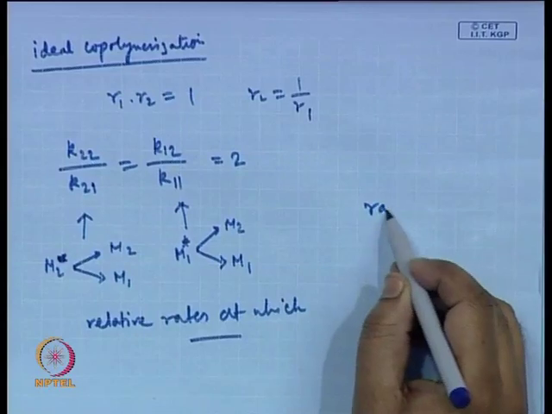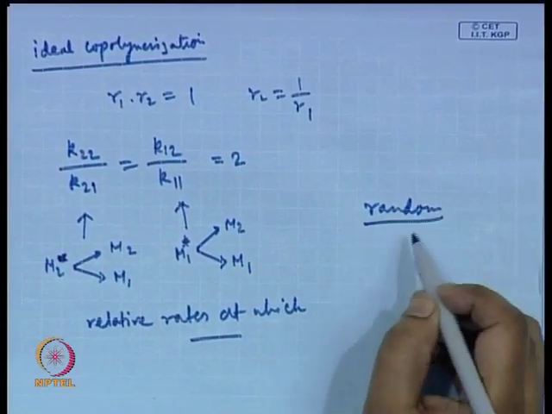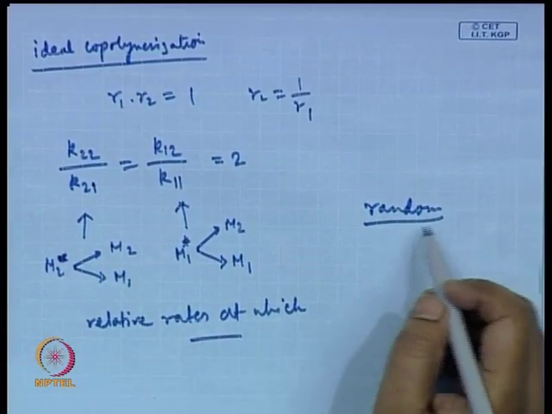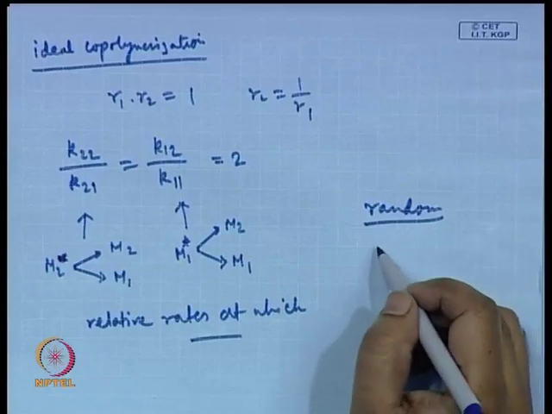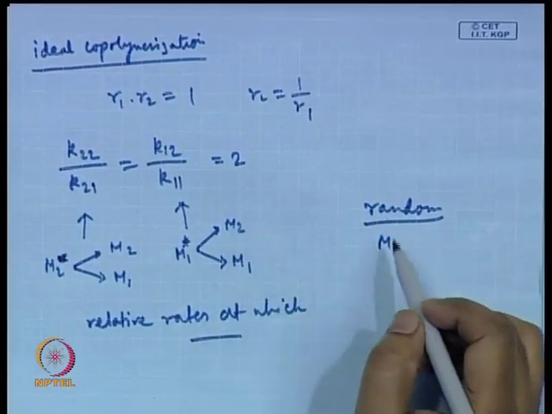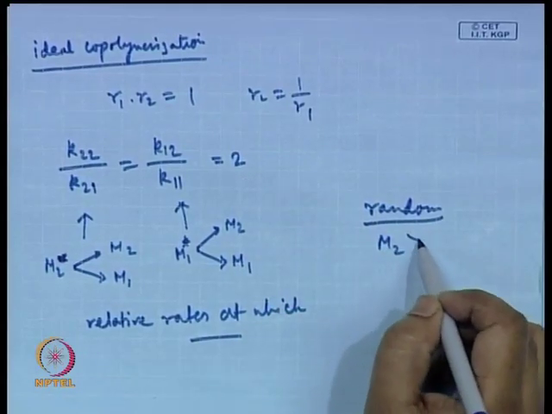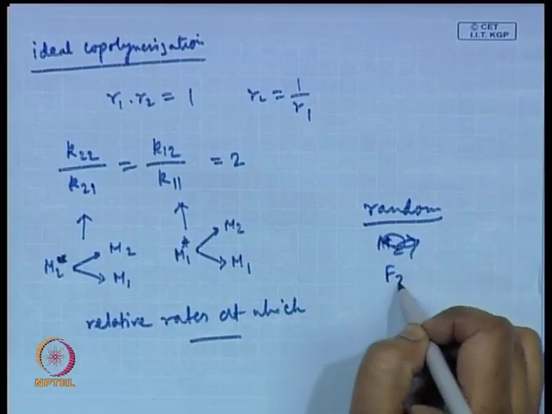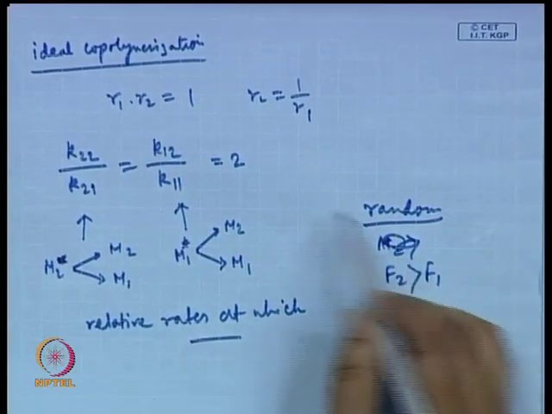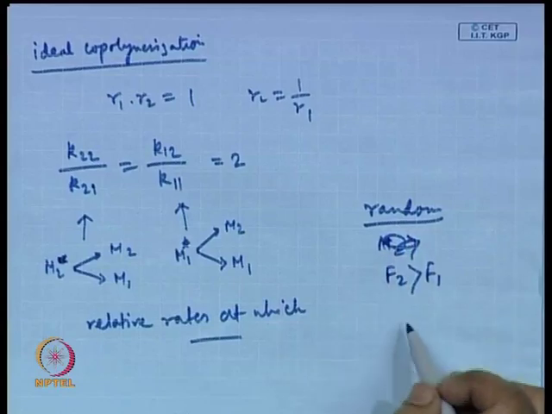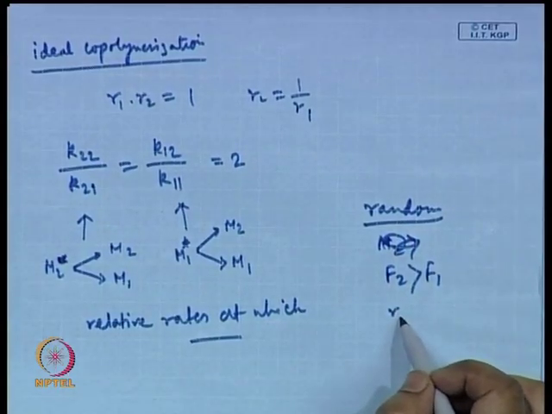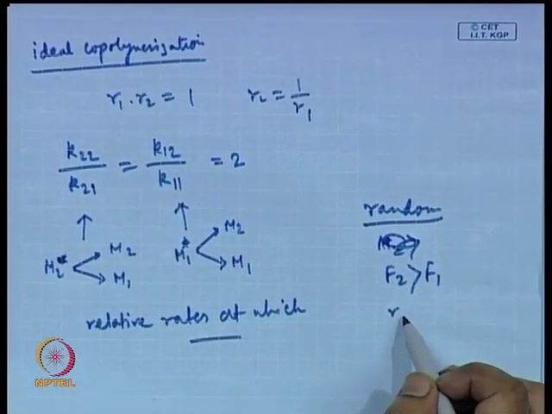There will be no bias of M1 sitting next to M2 or M1 sitting next to M1. So, we have a random sequence distribution in the copolymer, and F2 is higher than F1 if R2 is higher than R1.